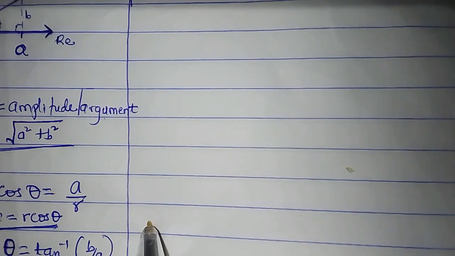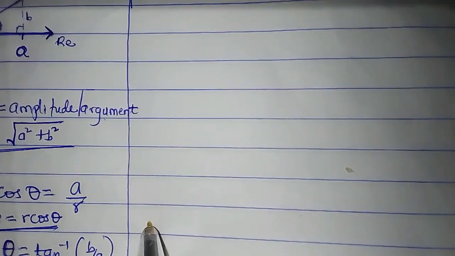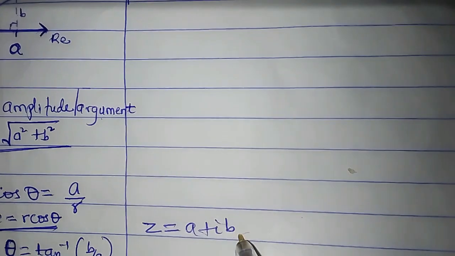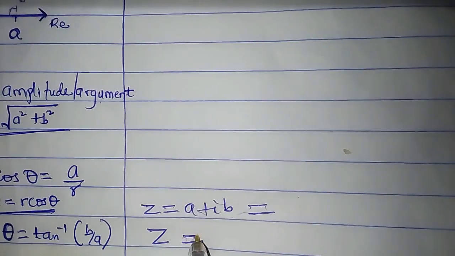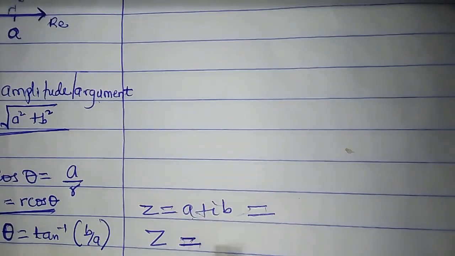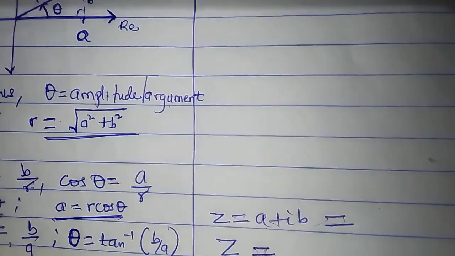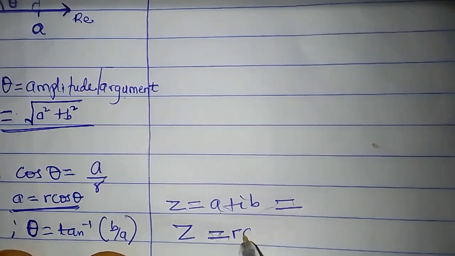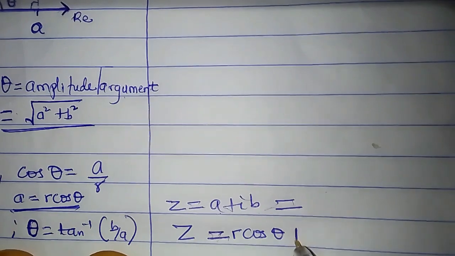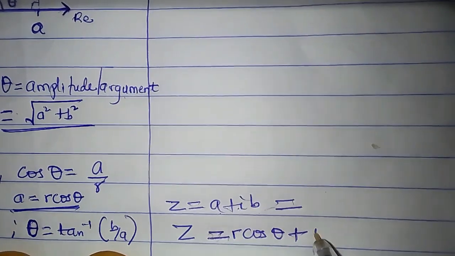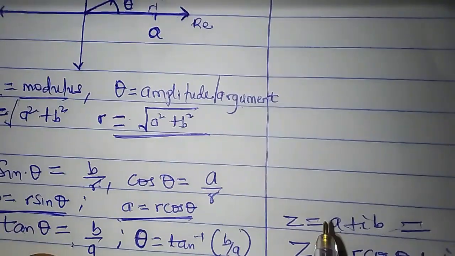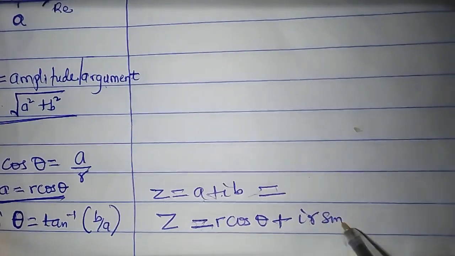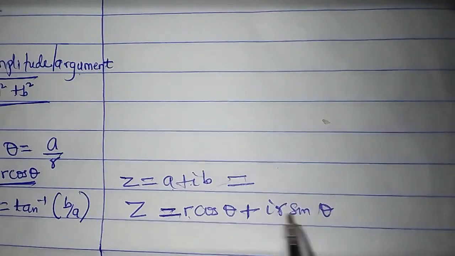So, in polar form, I can write Z equal to A plus iB as Z equal to A, A is r cos theta, plus i times B, that is B is r sine theta. r is common to both.